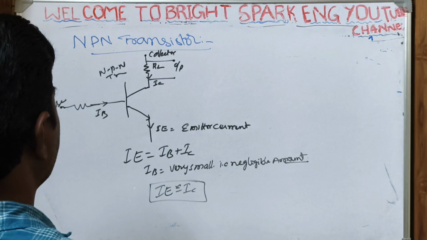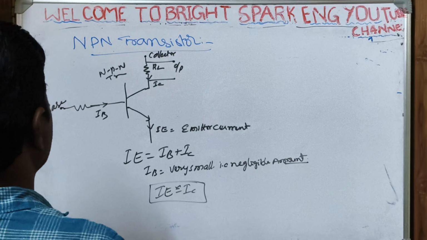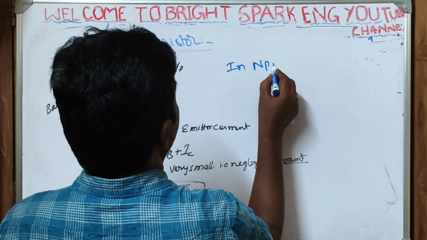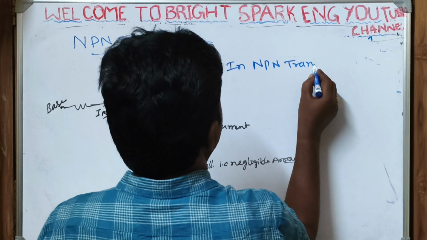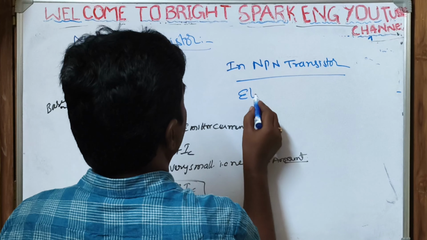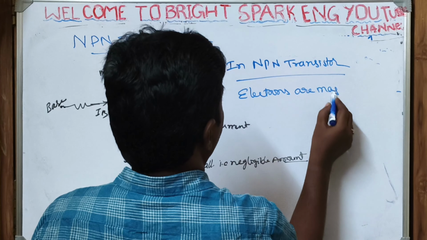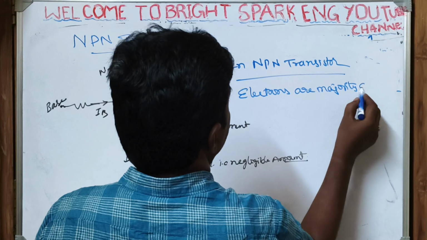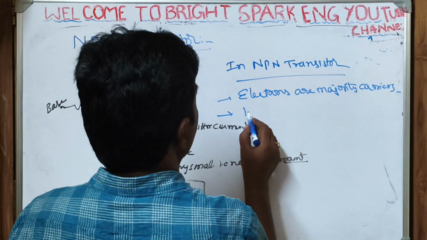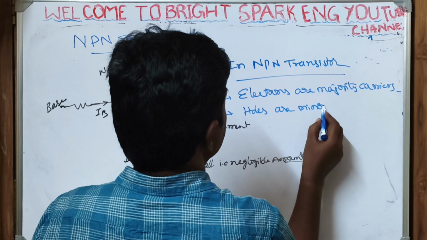Okay. In NPN transistor, electrons are majority carriers. Holes are minority carriers.